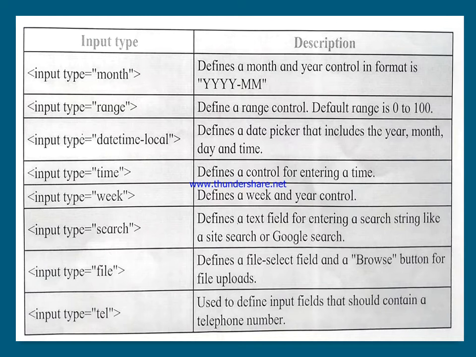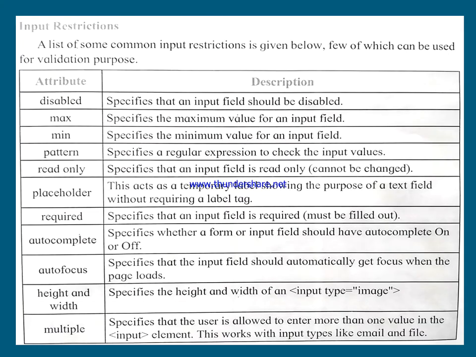So next is input restrictions. Whatever elements are introduced in this particular syllabus, you can also set validations by using the following attributes of an input tag. So the first attribute given here is disabled.